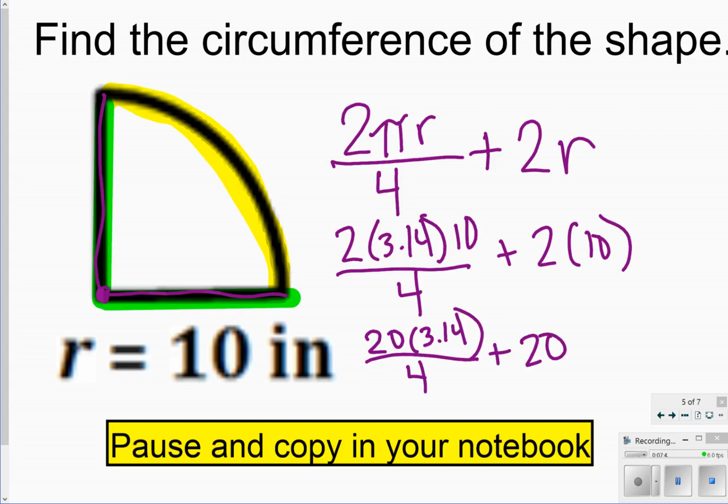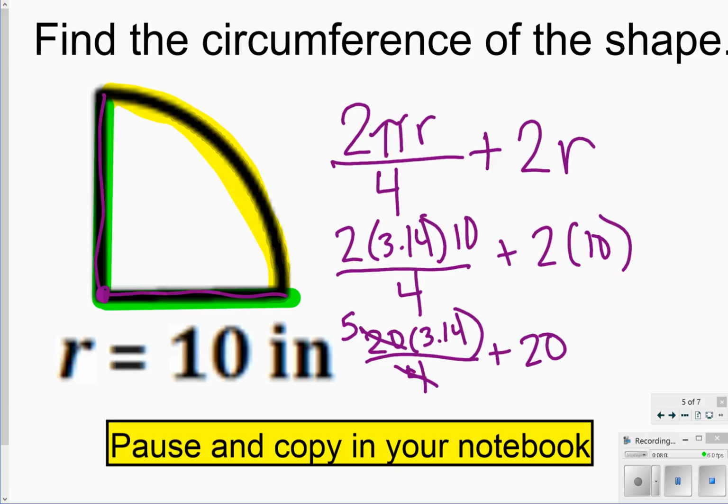And I love simplifying early, so I'm going to say 20 divided by 4 is 5. That makes it a little bit easier to calculate. So 3.14 times 5 equals 15.7.